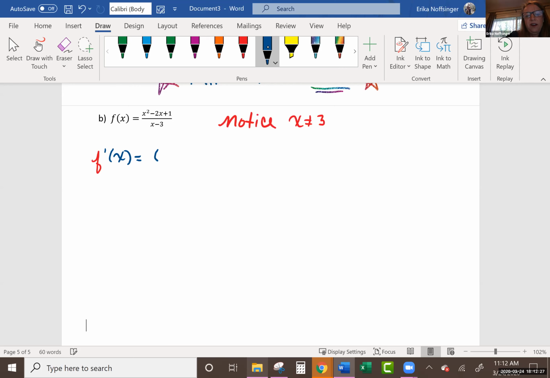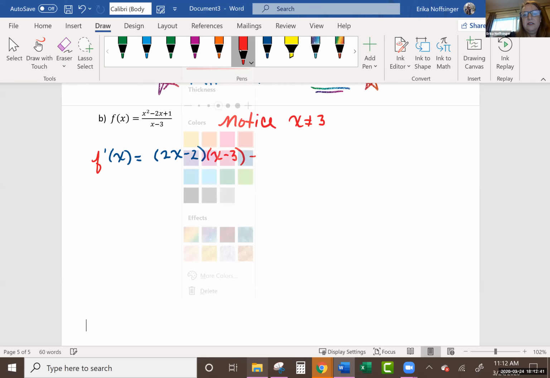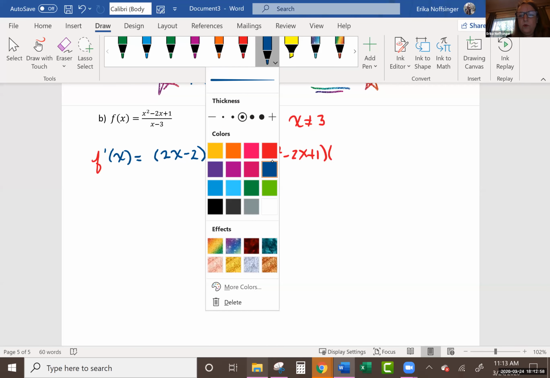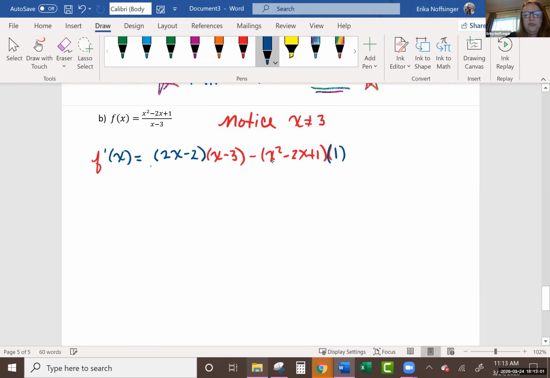So derivative of the numerator, x squared minus 2x plus 1 is 2x minus 2, all times the denominator, which is x minus 3, minus the numerator, which is x squared minus 2x plus 1, times the derivative of the denominator, which is 1. All over the denominator, x minus 3, quantity squared.